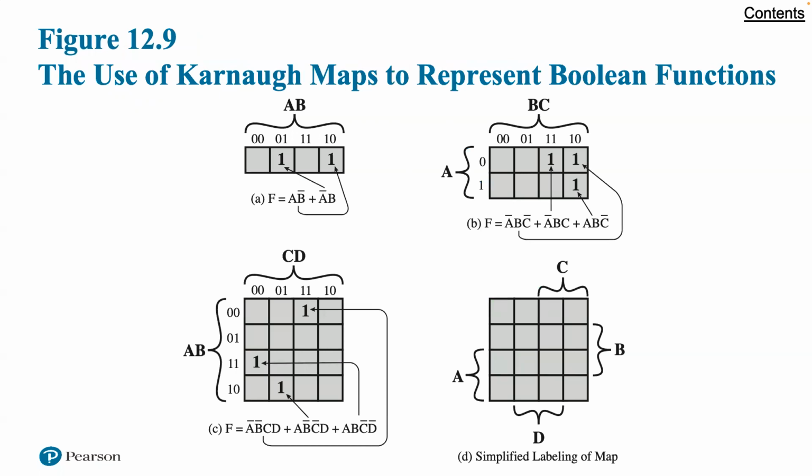For the purpose of simplification, the Karnaugh map is a convenient way of representing a Boolean function of a small number, up to 4, of variables. The map is an array of 2 to the n squares, representing all possible combinations of values of n binary variables. Figure 12.9a, part of what we're showing here, shows the map of 4 squares for a function of 2 variables.